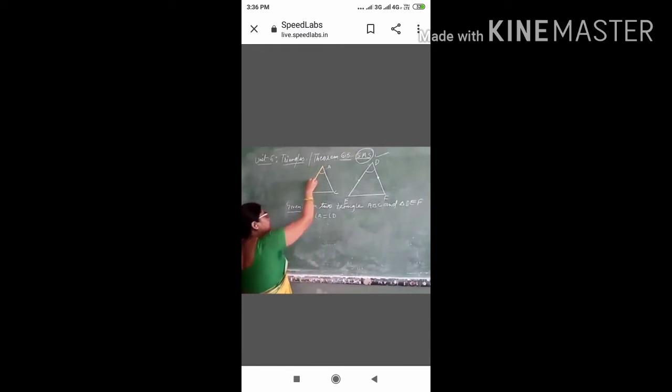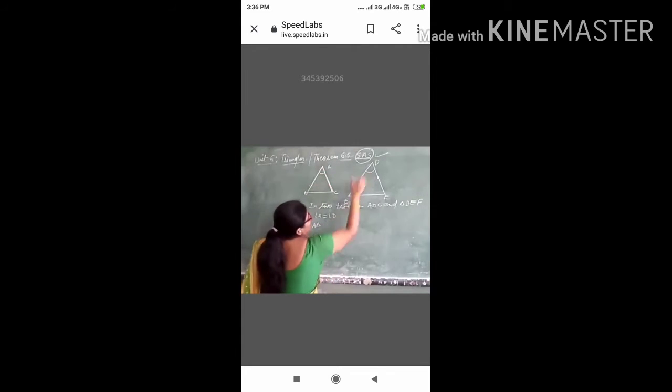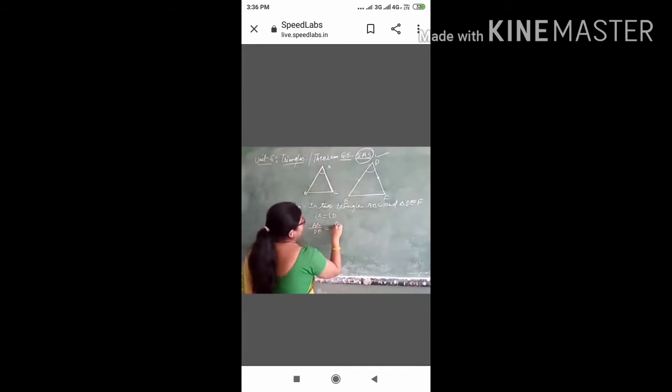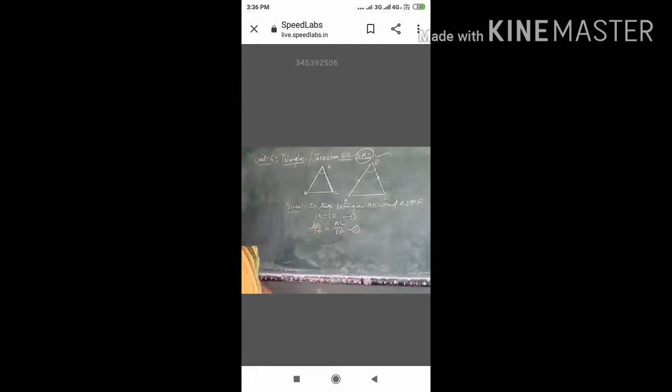Included these angles, that means if we talk about the angle A, what are the sides including this angle? So AB, and for that one DE, and for here AC upon DF. These two things are given for you.